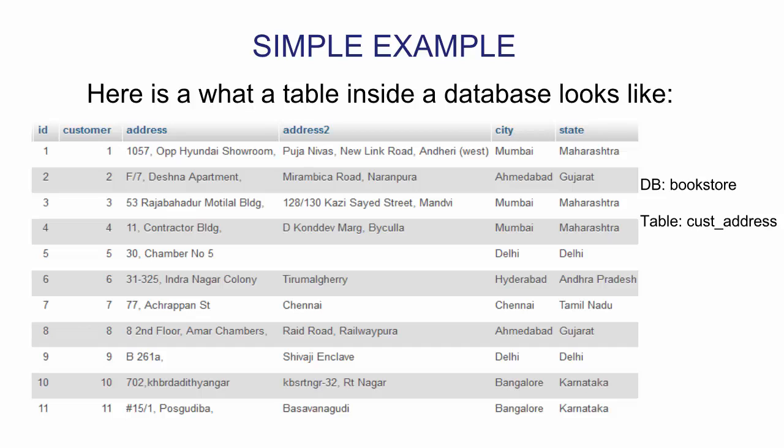When we create our tables, we must either use this format of lowercase with an underscore separating words, or we can use camel case, in which we don't use underscore, but the second and third words would be capitalized. Inside this table, we have 11 rows of actual data. Each customer address has an ID, an address, a city, and a state.